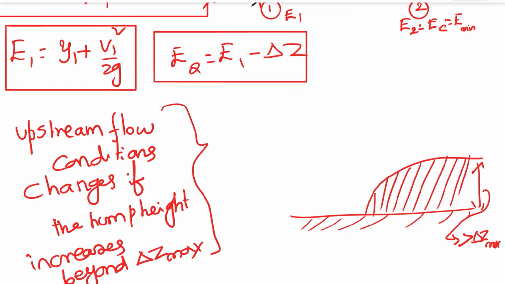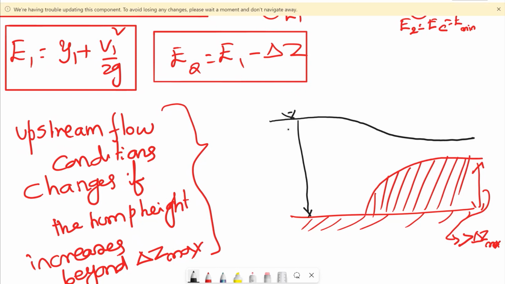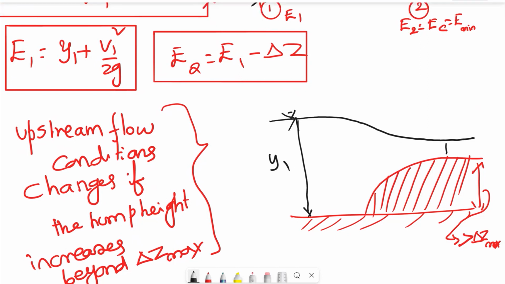That means, initially, suppose this is the original thought process. This is y1, this is yc at section 2. Now, what will happen if you are increasing it? This will increase, you understand?